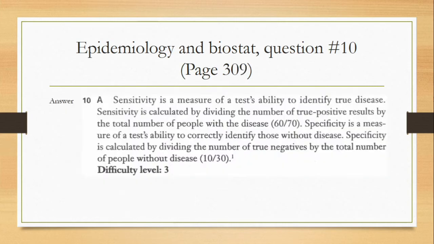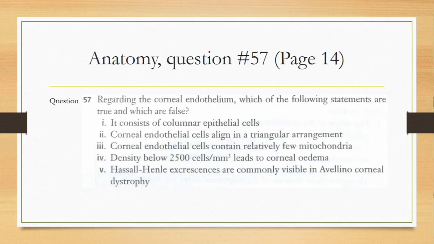And when you read the answer on page 309, you would also notice that the specificity is calculated as 10 over 30, not 0 over 30. So it means that the total amount of patients with ESR positive test is actually 80 instead of 90.